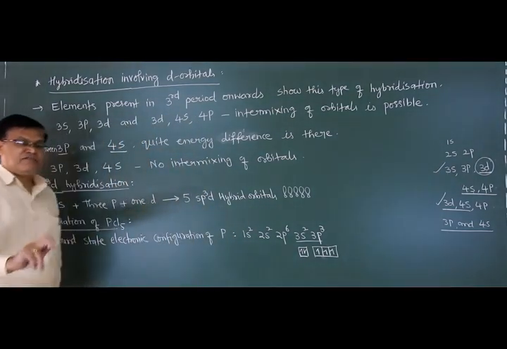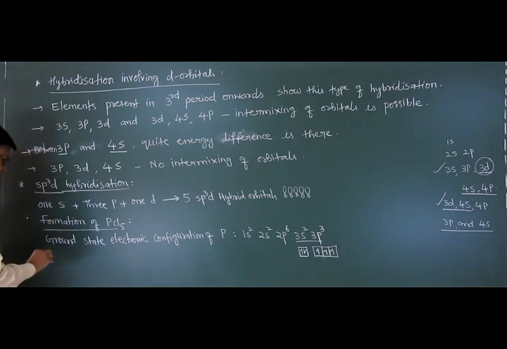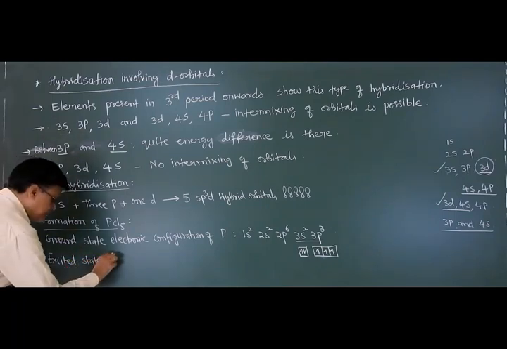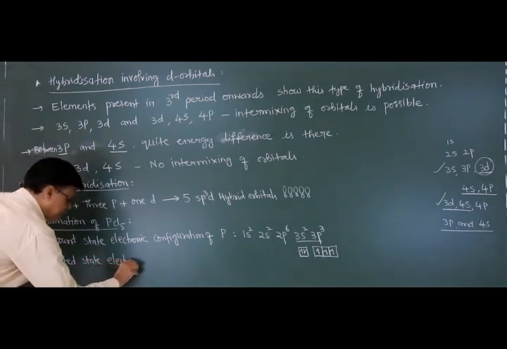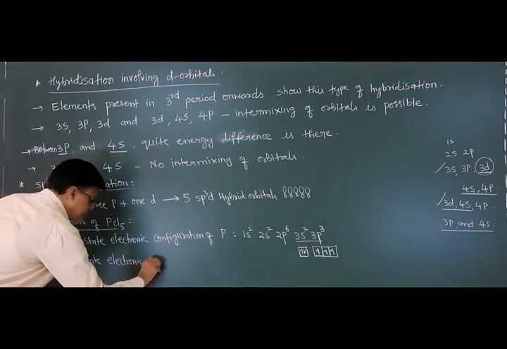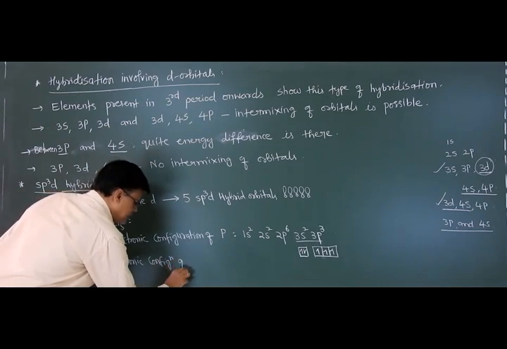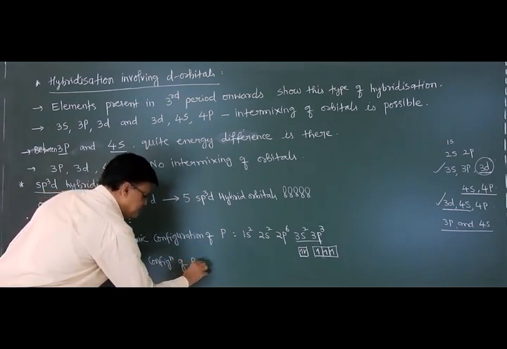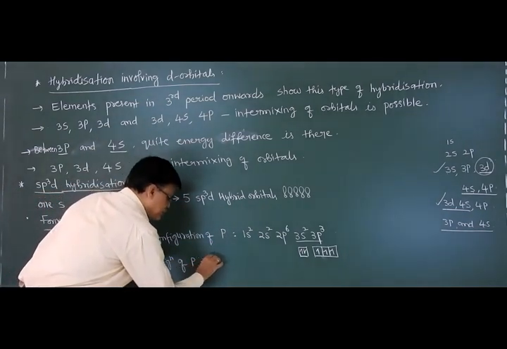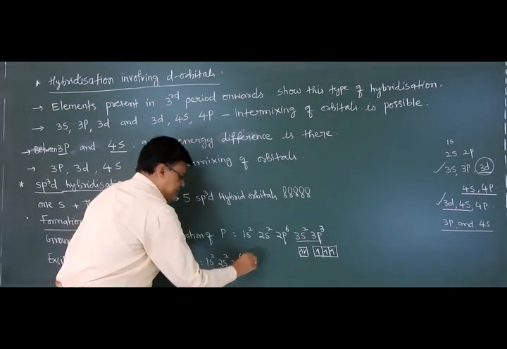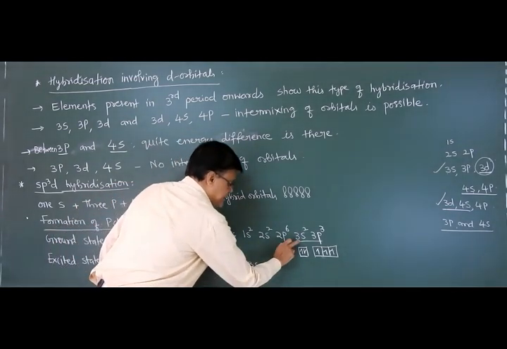I will write the first excited state electronic configuration of phosphorus. 1s2, 2s2, 2p6, 3s2.